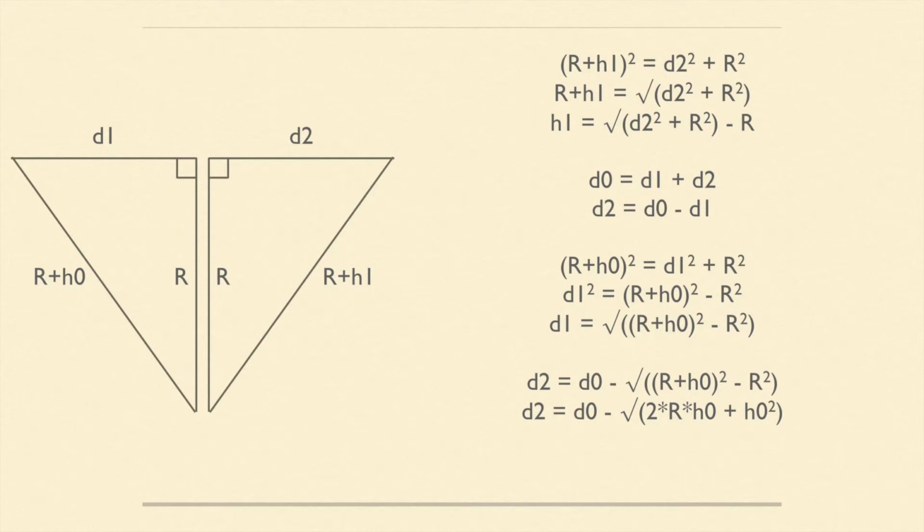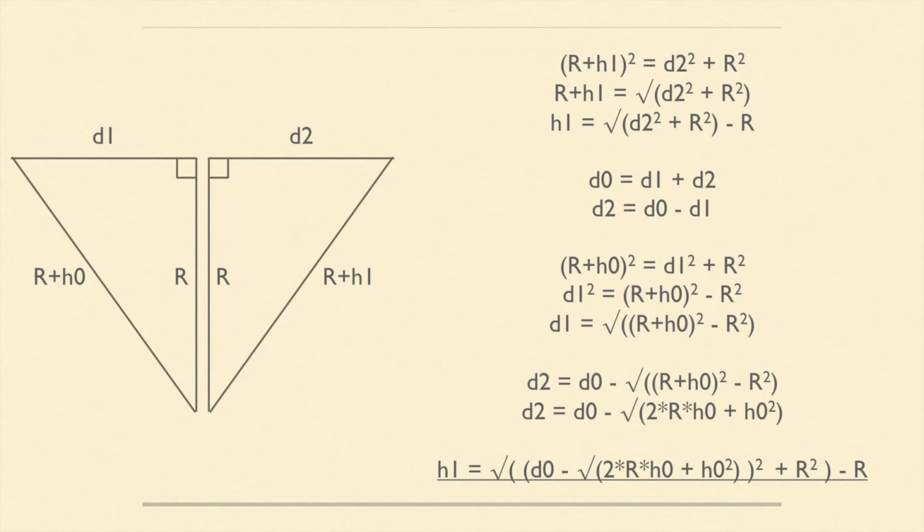We just basically calculate this r plus h0 squared. So the r squared will disappear. And we're left with this equation, d0 minus the square root of 2r h0 plus h0 squared. So now we can substitute d2 in the third equation on this page. We can substitute d2 and we get this equation.